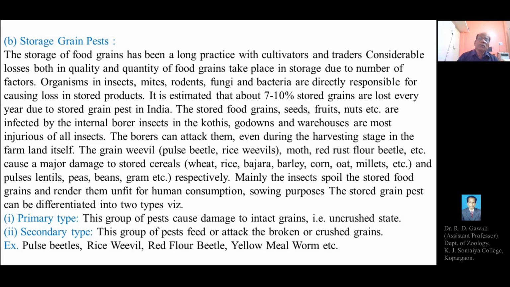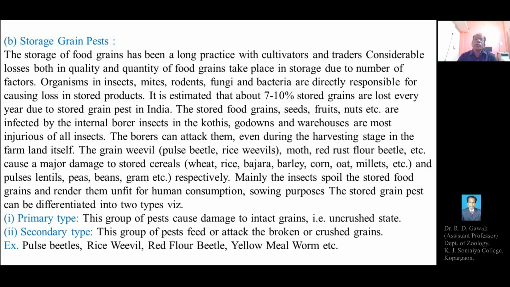So mainly the beetles or the moths are attacking the stored food grains and causing damage due to their feeding, or even their developmental stages, which release the exuviae or exoskeletons during their transformation from one stage to the other, or one instar to the next instar.